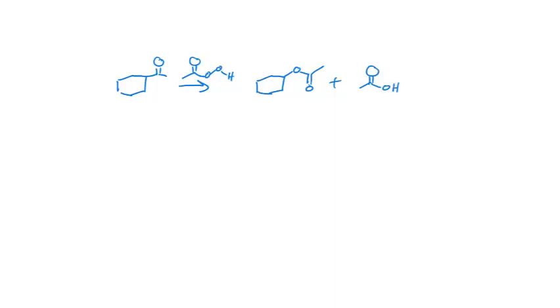So this group right here is moved over just a little bit, and we add this oxygen, and we're left with this piece as the acetic acid. And so we're able to go from a ketone to an ester. So I think that's a pretty cool reaction.